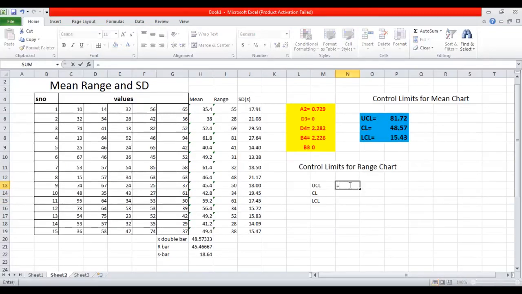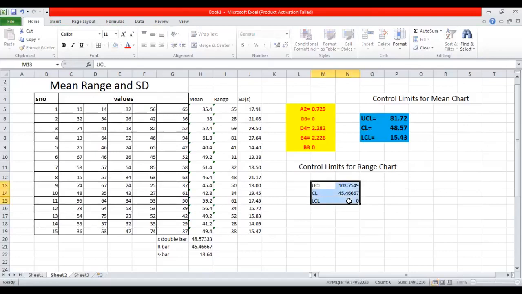What is the D4 value? This is D4, into the R bar value. So we got UCL. CL equals R bar. Next, LCL is D3 into R bar. D3 value is 0, so the LCL value will also be 0.